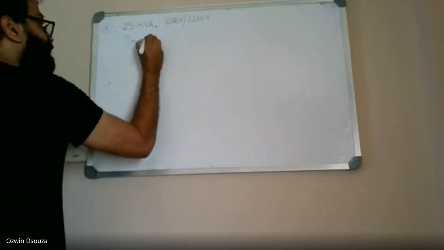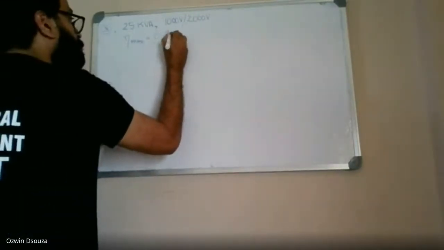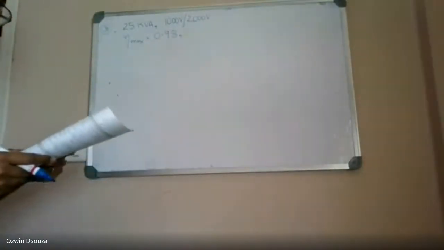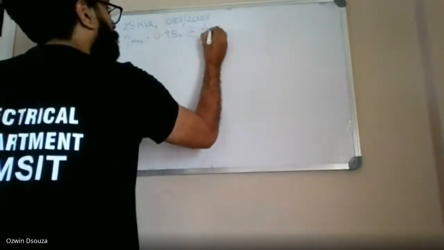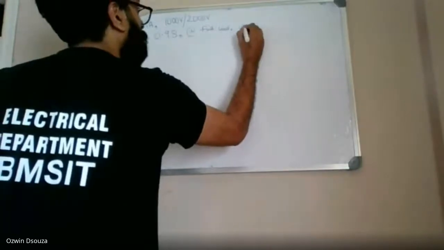So they are giving the eta max value, maximum efficiency of 98%, that is 0.98, at full load UPF.